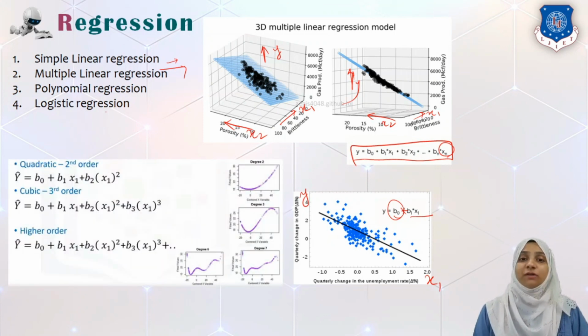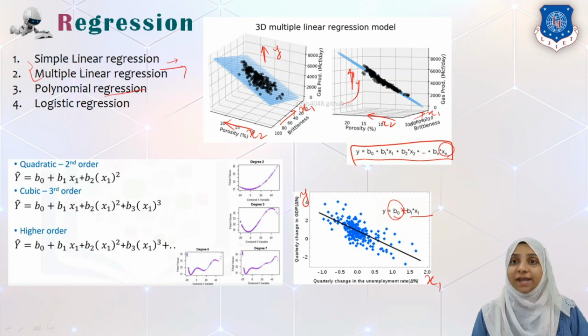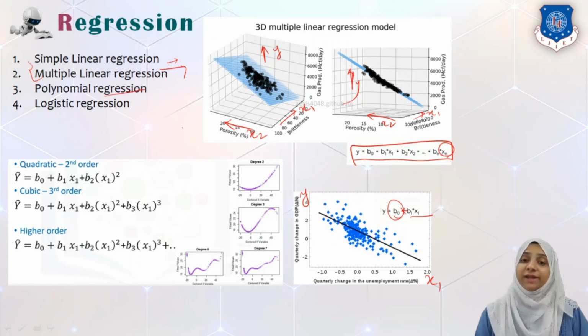Moving forward, we also have something called polynomial regression. In linear regression, our data is in a straight line or a flat plane, but in polynomial regression the form of the model is not linear. It may take degree 2, 3 and 4.